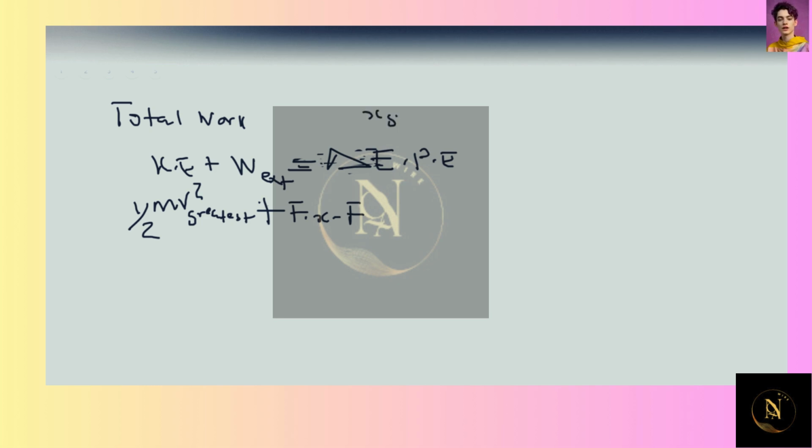So x greatest happens to be 0.02. So F times x minus x greatest, that's a special location, equals one half k x squared minus x greatest squared. That's just the change in elastic potential energy that happens.